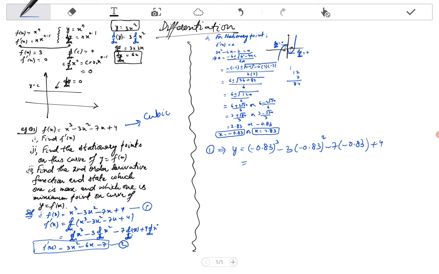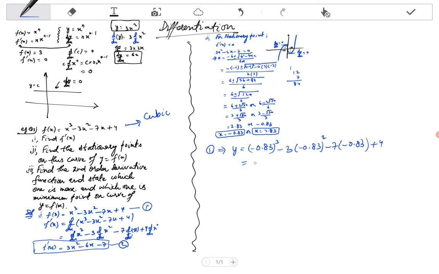Negative 0.83 cube minus 3 times negative, always substitute the value in a bracket, okay, 0.83 squared, minus 7 times negative 0.83, plus 4.